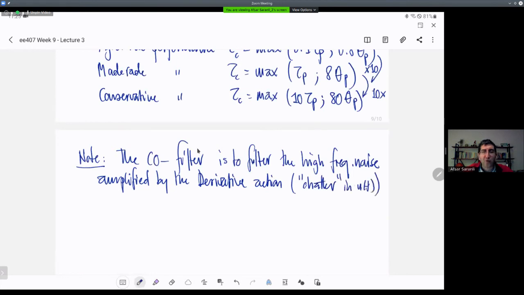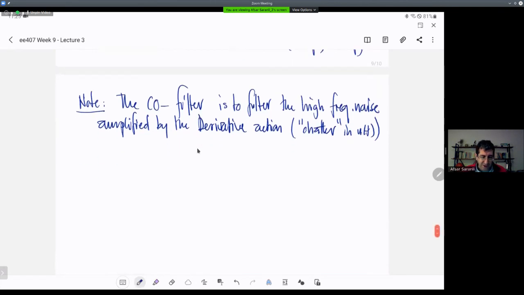Before you supply it to the final control element, the actuator, so that you don't damage the actuator or lead into some kind of operational problem.